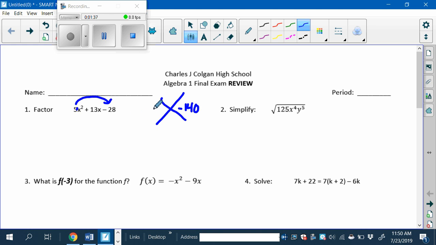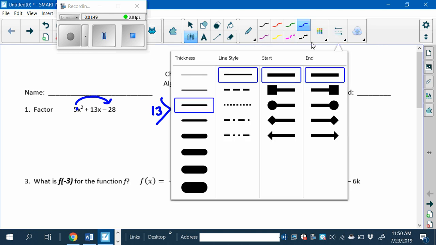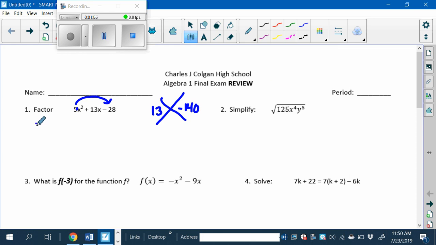And I want to find out what two numbers add up to 13 but multiply to negative 140, because we're going to turn this into x squared plus 13x minus 140.